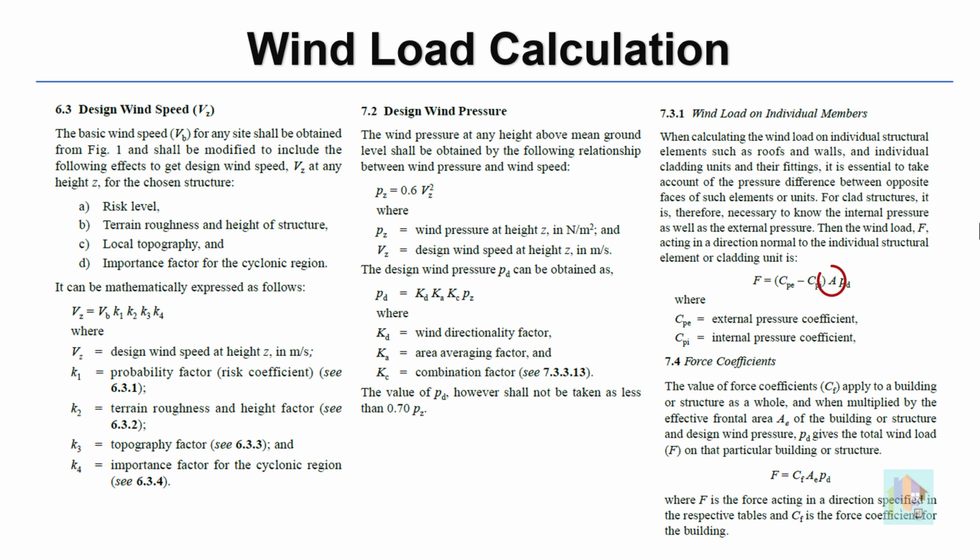A is the surface area of cladding unit for cladded structure and exposed member area for open structure. In this equation, there is an additional factor which either increases the overall load or decreases it. This factor depends on the wind direction, structural dimension, opening, and it is very important for proper wind analysis.